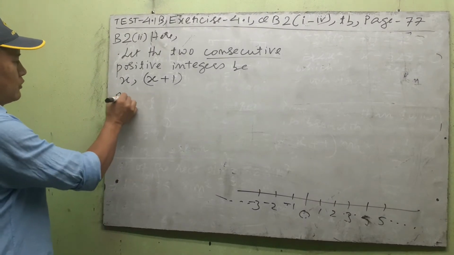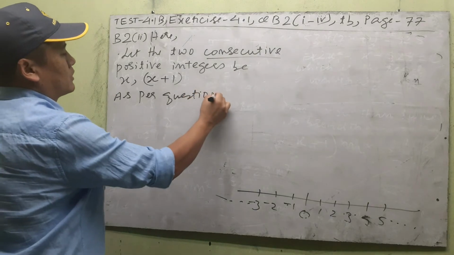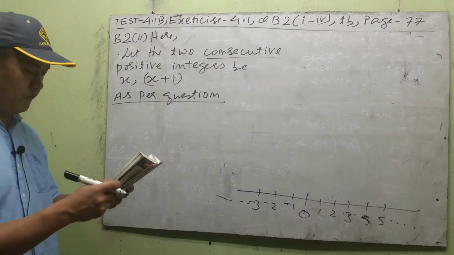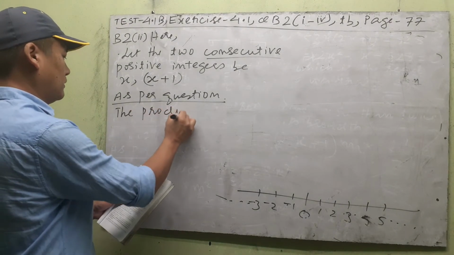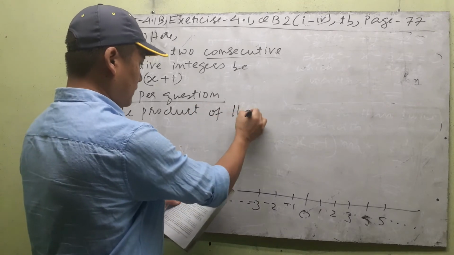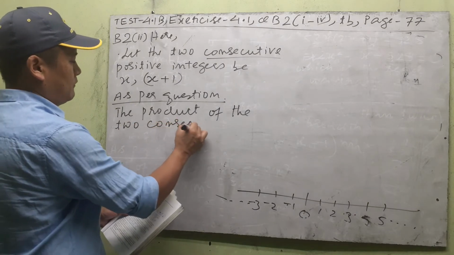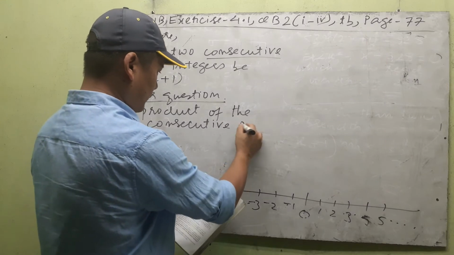Now, as per the question, let me read the first sentence. The product of the two consecutive positive integers is 306.